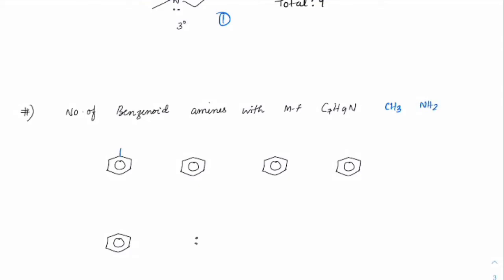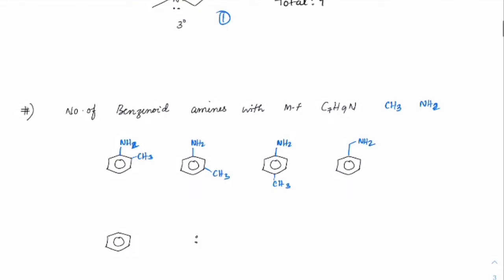So what are the possibilities? I can put NH2 here, CH3 here, ortho position or orthotoluidine, and NH2, CH3 here, para also, or benzyl also, right? These are the forms.